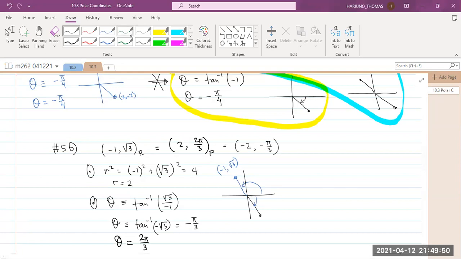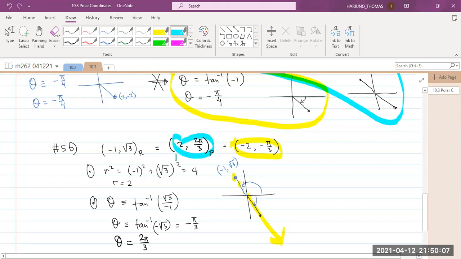You see, negative pi over 3 means you are shooting in this direction. You are facing that way, but you shoot backward. Okay, that's for this method.